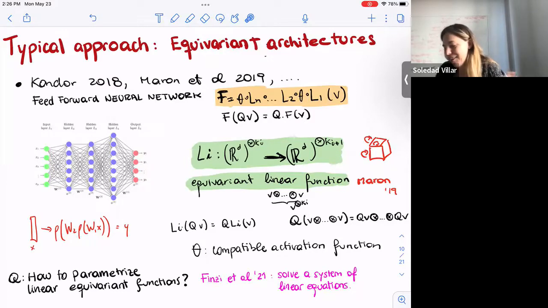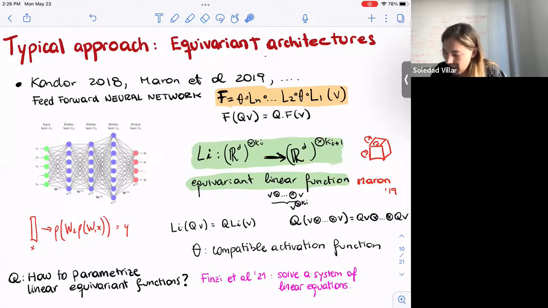unless they are trivial. So the trick that people use is to extend the action to tensor products of vectors, and then parameterize the linear functions that are equivariant on tensor inputs.